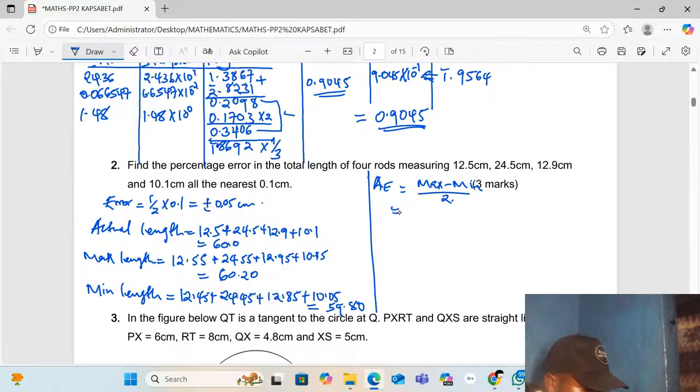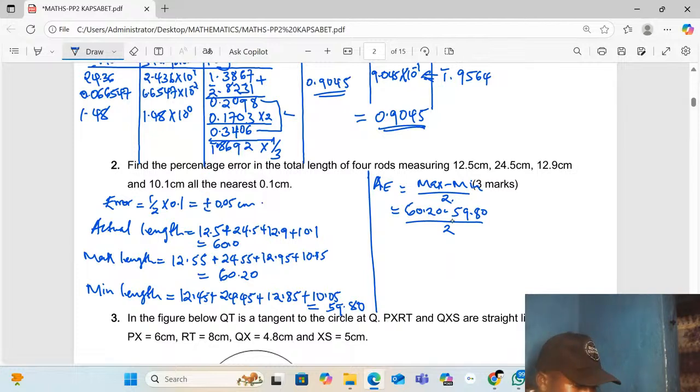So that becomes 60.20 minus 59.80, then we divide by 2.